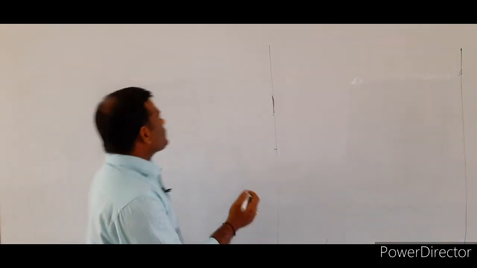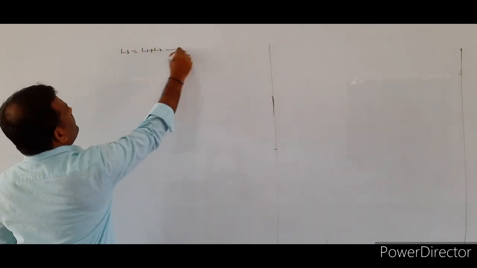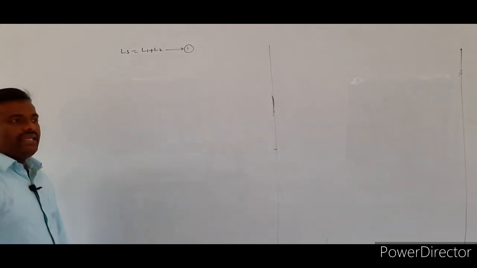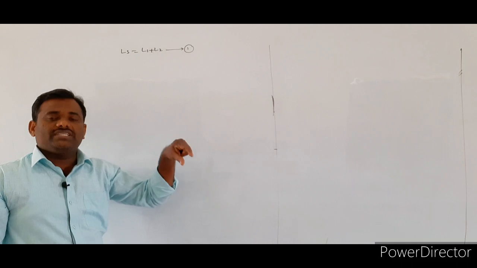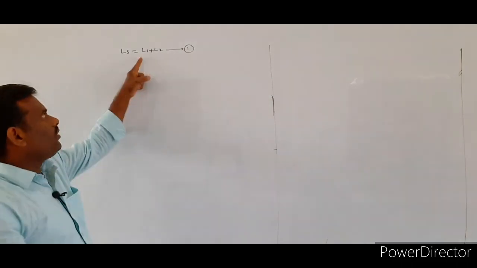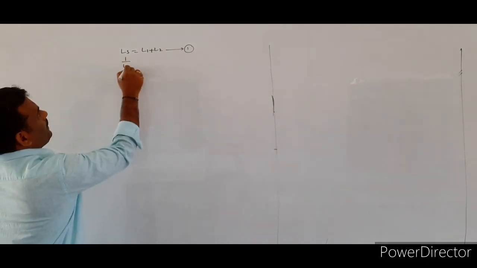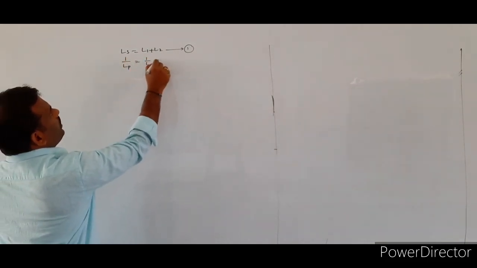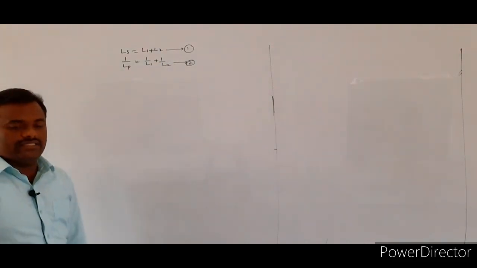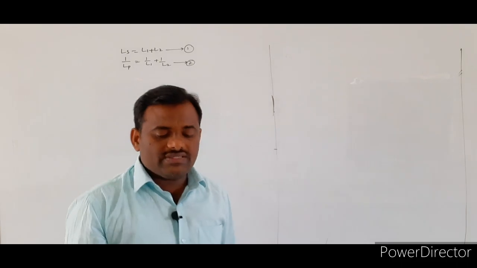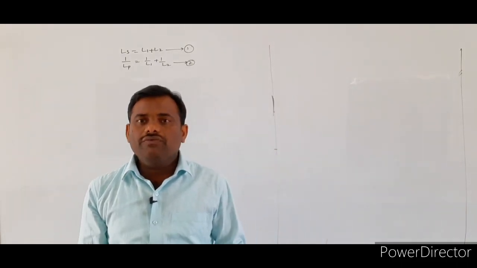In the case of the series combination, Ls is equal to L1 plus L2, and whenever they will be in the parallel combination, you got 1 by Lp is equal to 1 by L1 plus 1 by L2. So this is what we have discussed up to now.